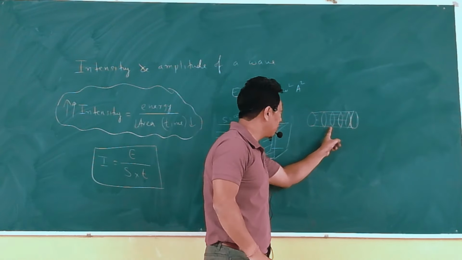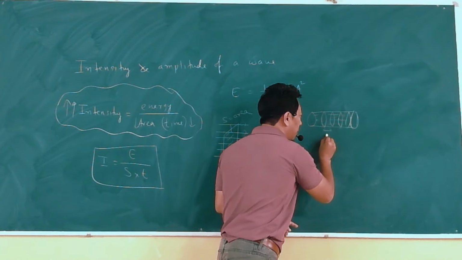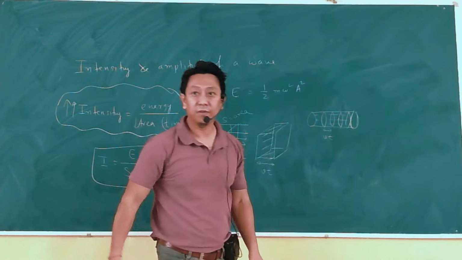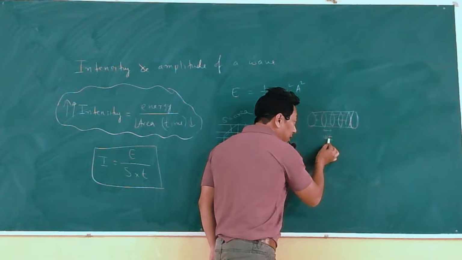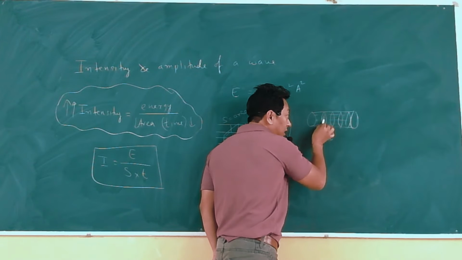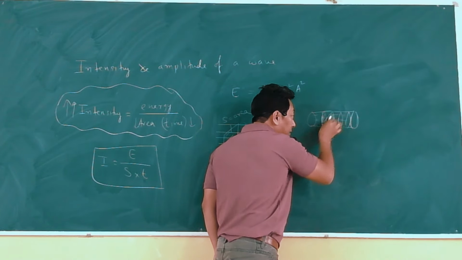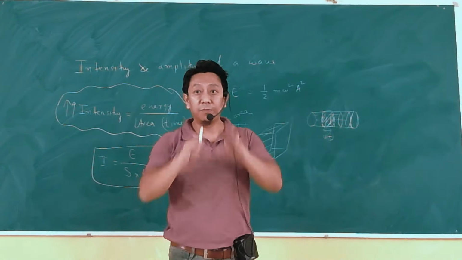The distance covered will be speed into time, where the speed is the speed of the flow of the water. So in time t, if this layer reached here, this much volume crossed the pipe.